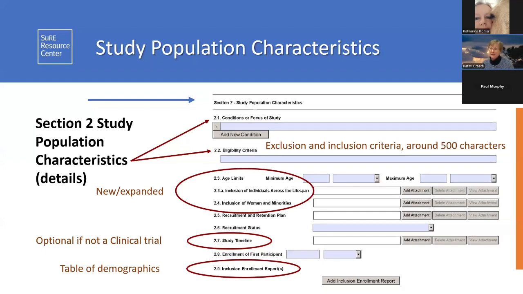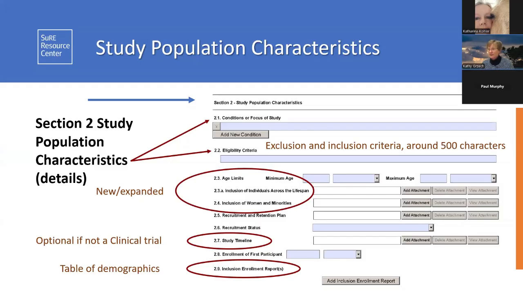For example, let's say you're studying some disease, maybe it's some cancer, and you decide it's just more convenient to have the maximum age be 65 and the minimum age 40.